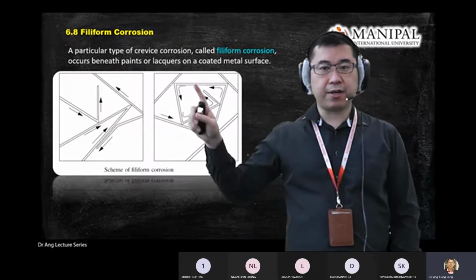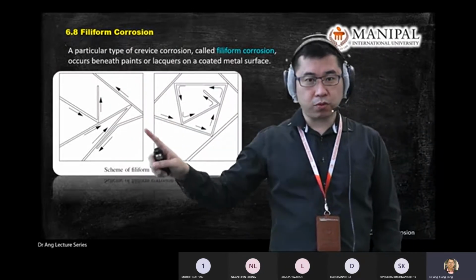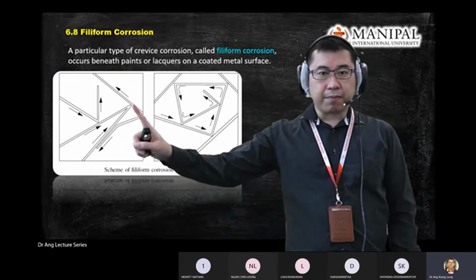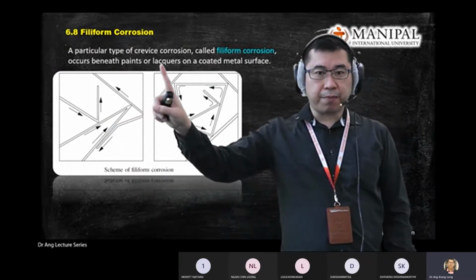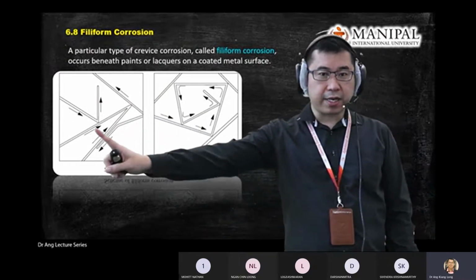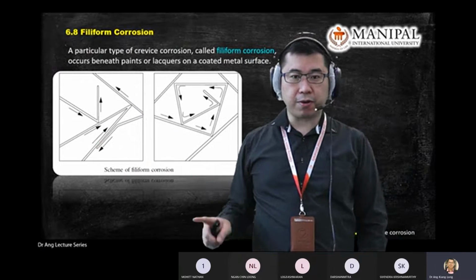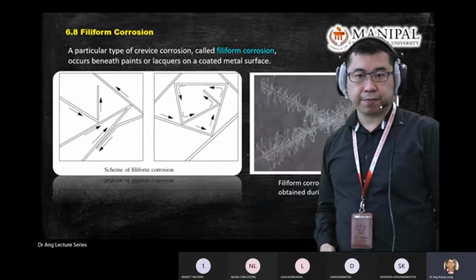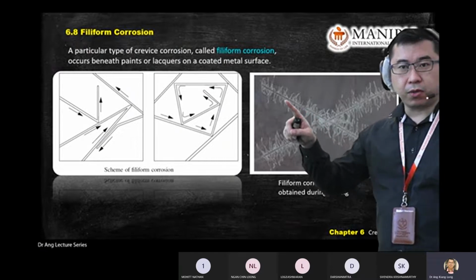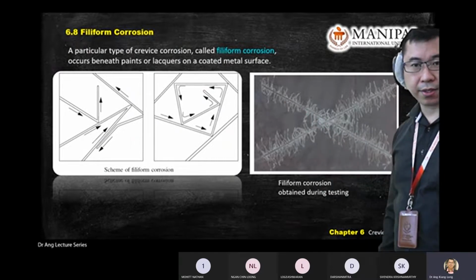You have seen what filiform can do, right? Previously I showed you some video about filiform. Usually filiform forms under paints or protective layers, right? They have a movement of the filiform and so on. So you can see all the scratches below the paint.